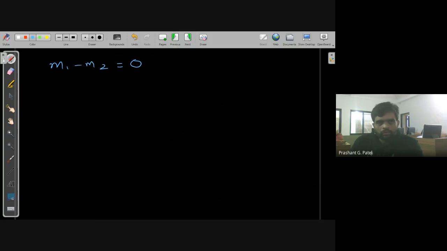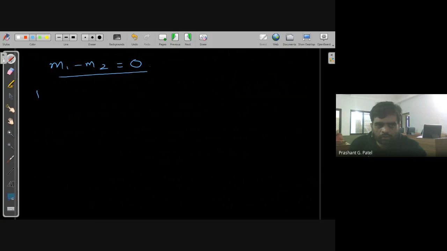Okay, so we need to calculate another linearly independent solution in this case that we have discussed in the previous theory portion. Here m1 minus m2 is 0, so I need to have the one solution.